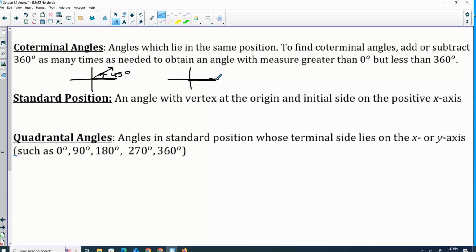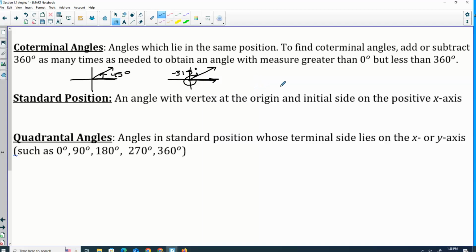What does a negative mean? How do you get a negative angle? It spins downwards. So if we came down 315 and there's 90, 180, 270, 315, it ends the same place.